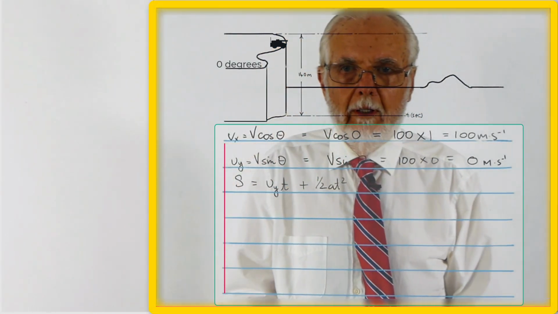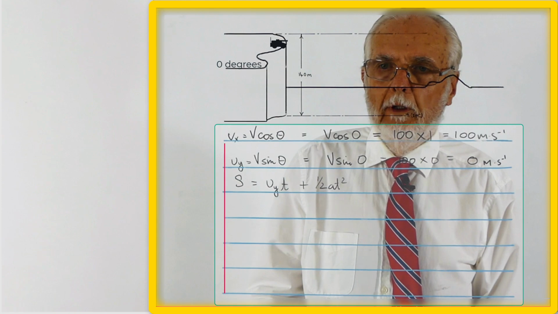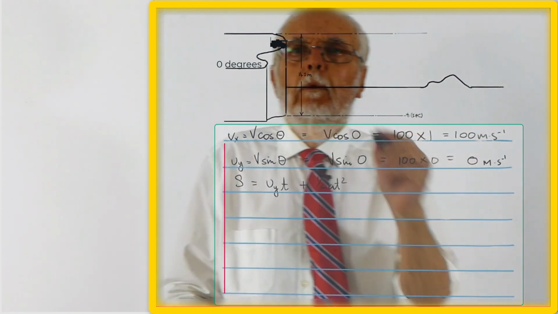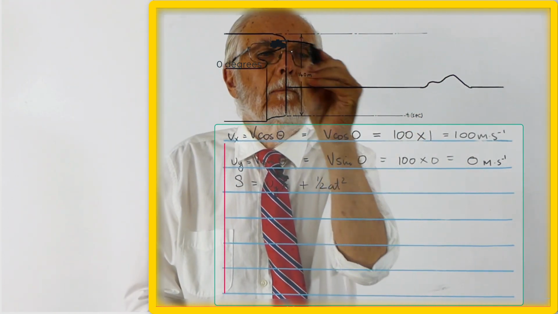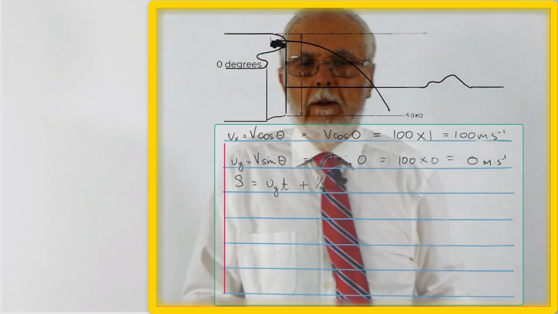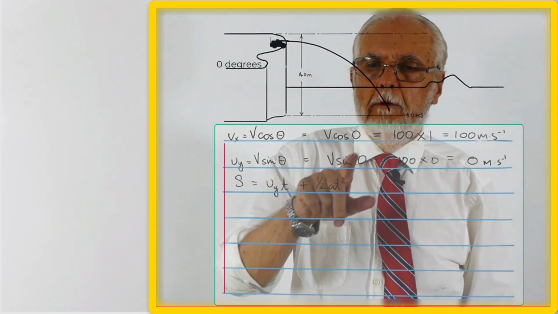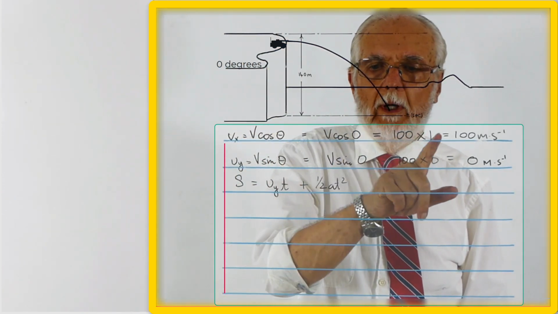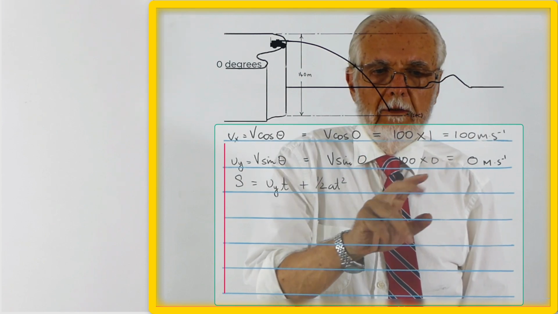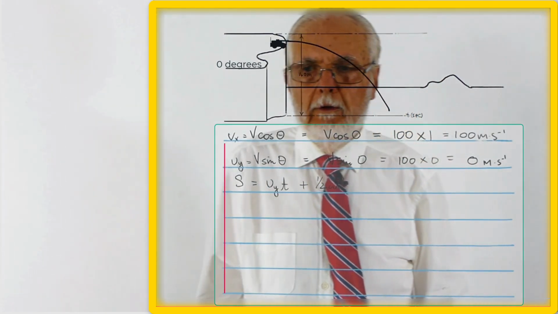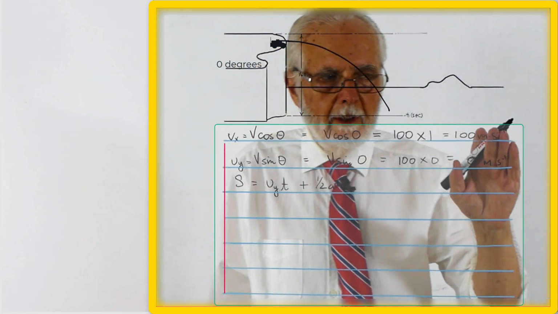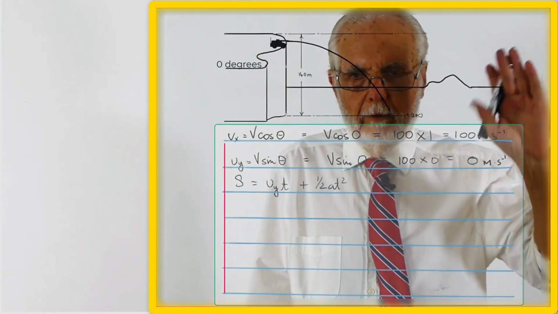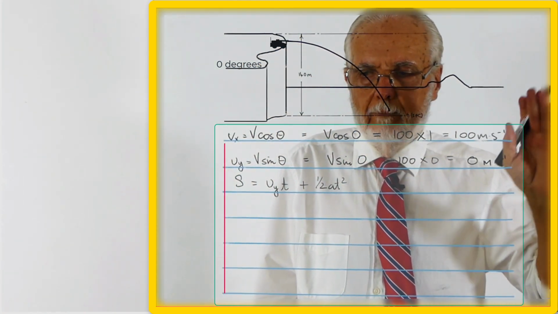This time the barrel is parallel to the ground, so theta is 0. So cos theta is going to be 1 and sine theta is going to be 0. So the horizontal velocity is 100 and the vertical component of the velocity is 0.